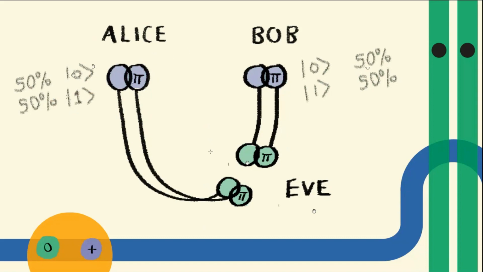So in half of the situations, Alice and Bob just by accident had the same bit string. They both measured the same 0, 0. But in half the cases, Alice will see 0 and Bob will see 1, or Alice will see 1 and Bob will see 0.